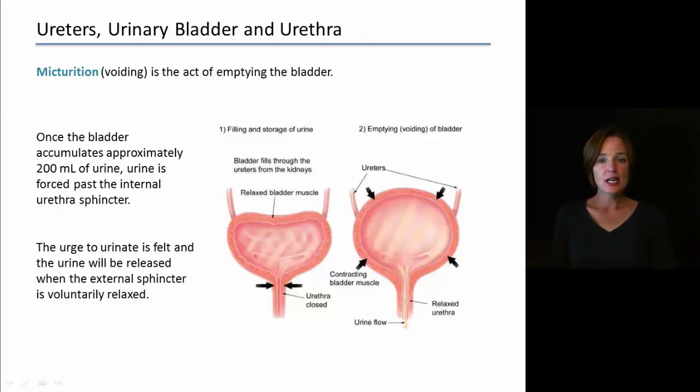The urge to urinate is typically felt at that point, and we will want to go to the bathroom and void. When we're ready to do that, the external sphincter will be relaxed, and that is something that we control voluntarily. So basically, when it is convenient, we will release that external sphincter and urine will pass from the body.